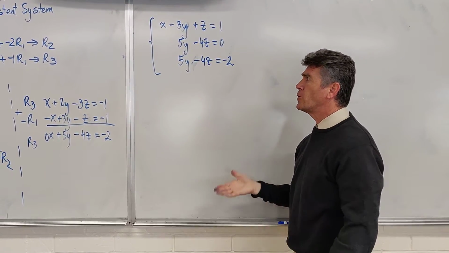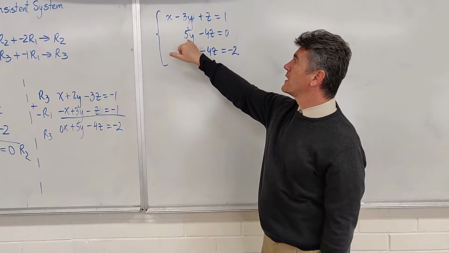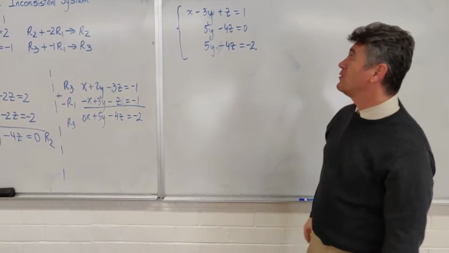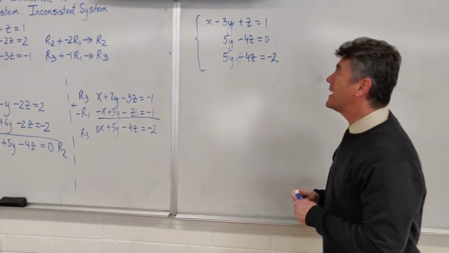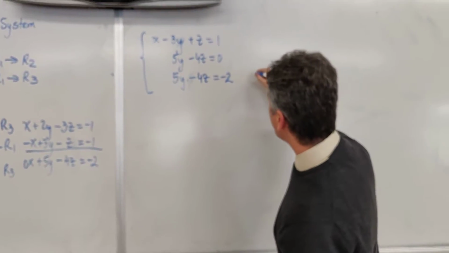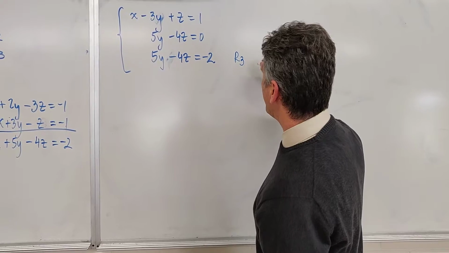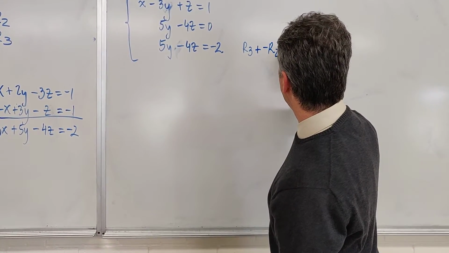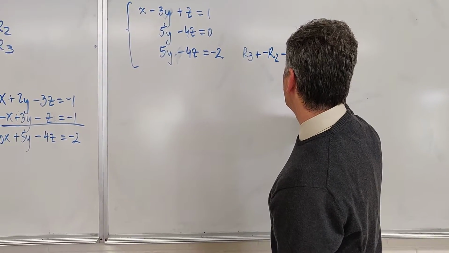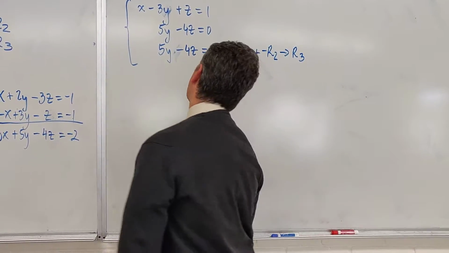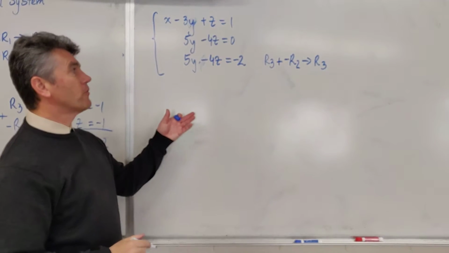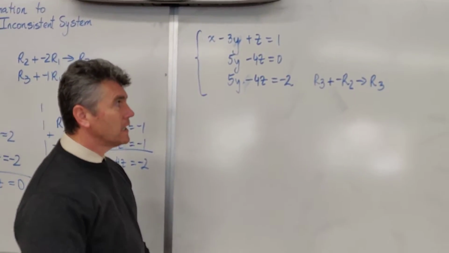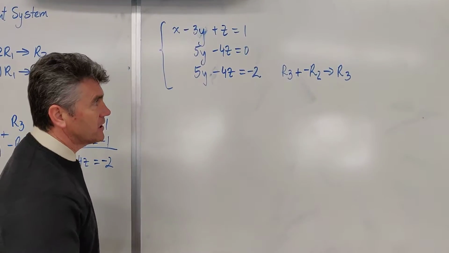Yes, I know what I told you. Yes, I know we're supposed to get a 1 as a coefficient of y, but this problem is so easy to do right now. I'm going to skip those steps and I'm just going to say row 3 plus the opposite of row 2 is the new row 3. Why do that? If I add row 3 to the opposite of row 2, I will be able to eliminate the y's. So, to save some time, I'm just going to do that.